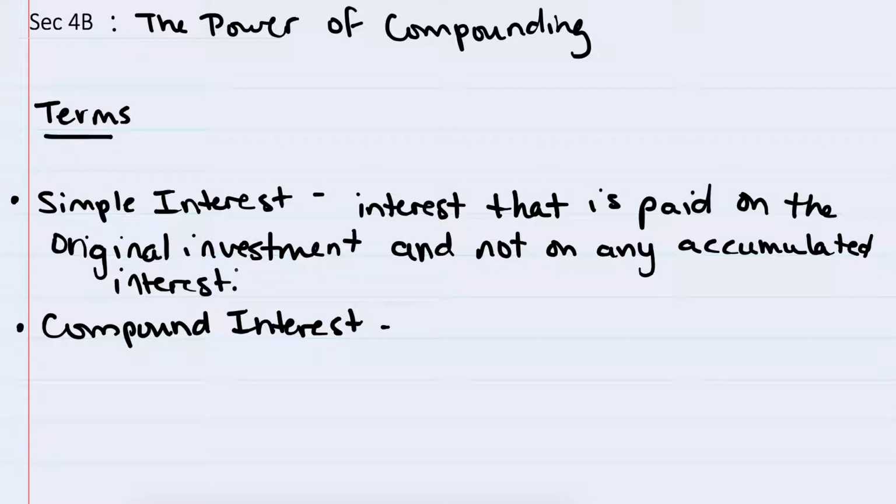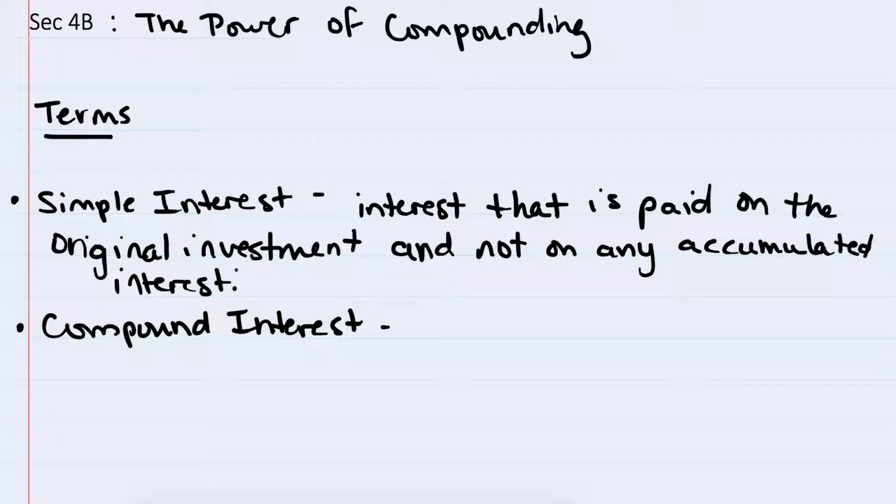So in other words, let's say you put into a savings account $1,000 and you get simple interest of, let's say, 10%. So 10% of $1,000 is $100. And that would mean, let's say, after every year, you get 10% interest. So every year you'll get $100.